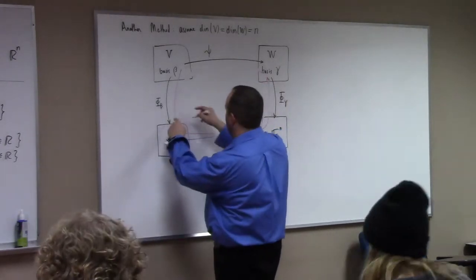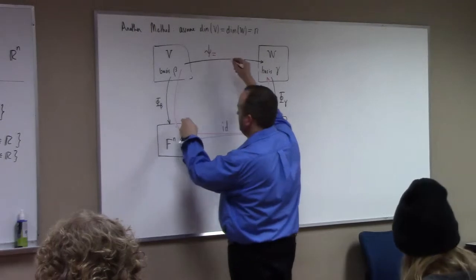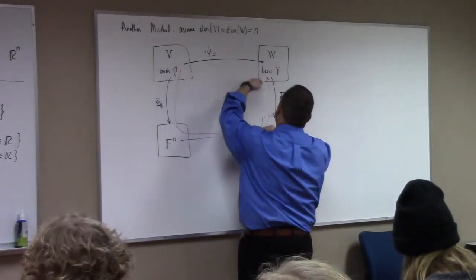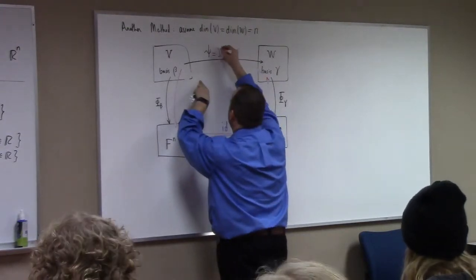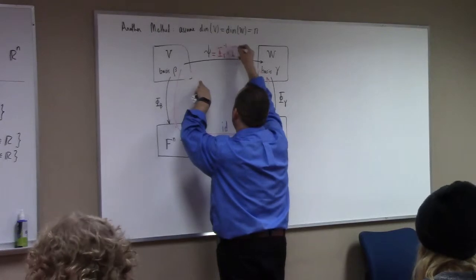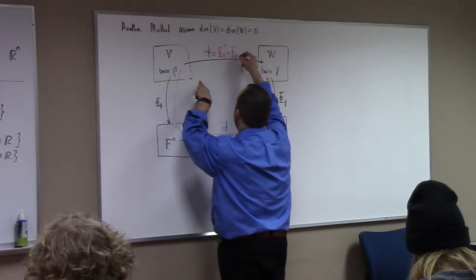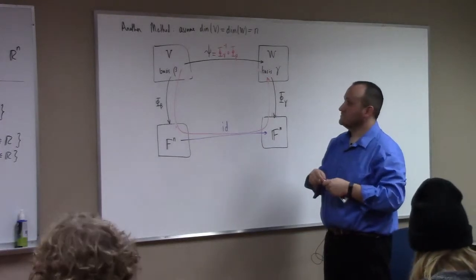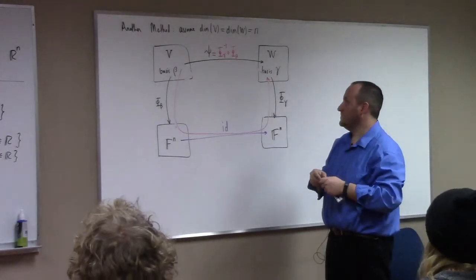So that means I should make psi equal to, the last shall be first, phi gamma inverse composed with phi beta. See what this does?